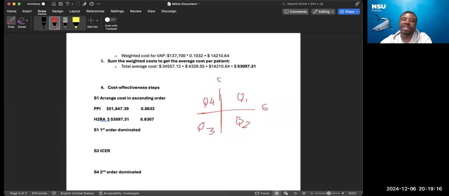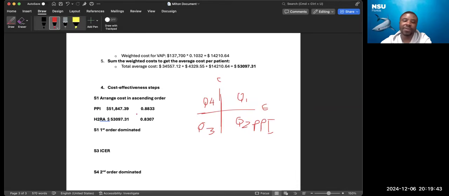And this is the quadrant that says that you are dominant. So for example, the PPI is in this quadrant, so the PPI is dominant. Because we can see from these two that it is less expensive, which is here, and it is more effective, which is here. For the H2 array, it's in this quadrant.